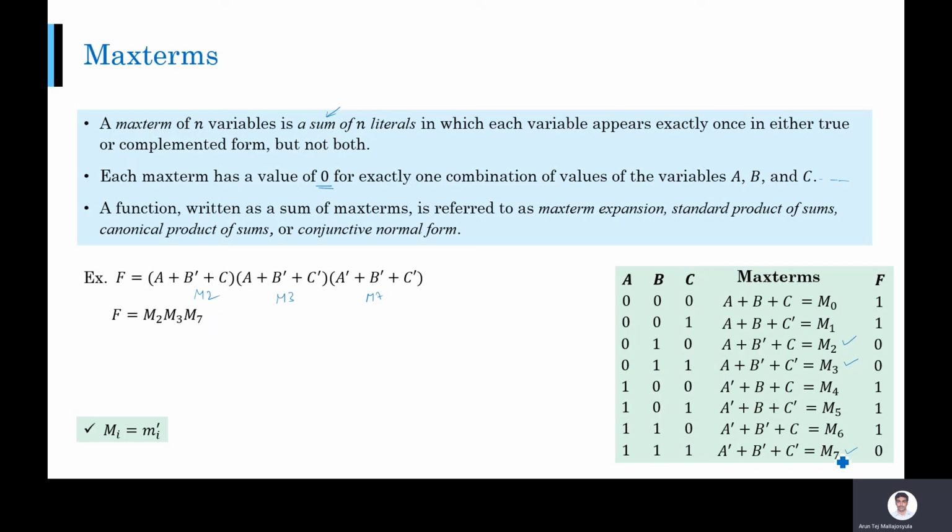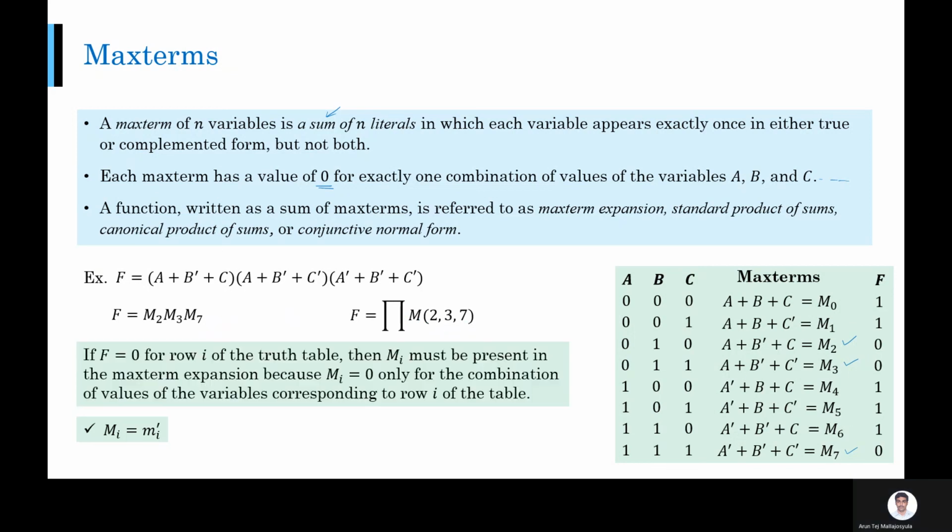It is 0 if any of these is present. Otherwise, f is 1. This product is written in this form also, with the pi symbol: sigma for sum and pi for product. So it's pi, capital M, and whatever row numbers are there, 2, 3, and 7 in this particular example.